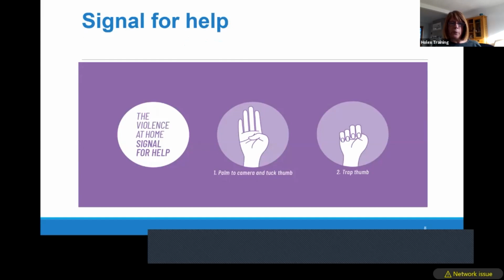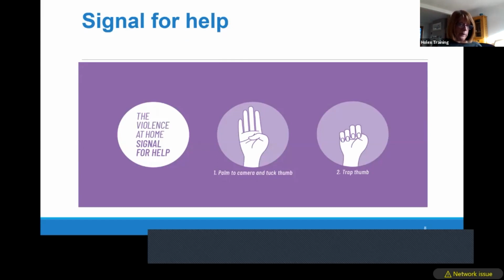So it is purely putting your palm up to the camera, tucking your thumb in and bringing your fingers down to track your thumb. You could teach this to your learners as an option. You could say that we know that domestic abuse is increased since COVID, and this could be a sign that they could use if they wanted to alert you to the fact that they needed urgent help.